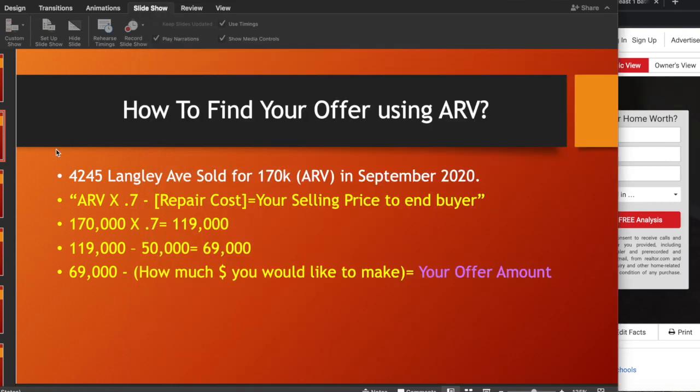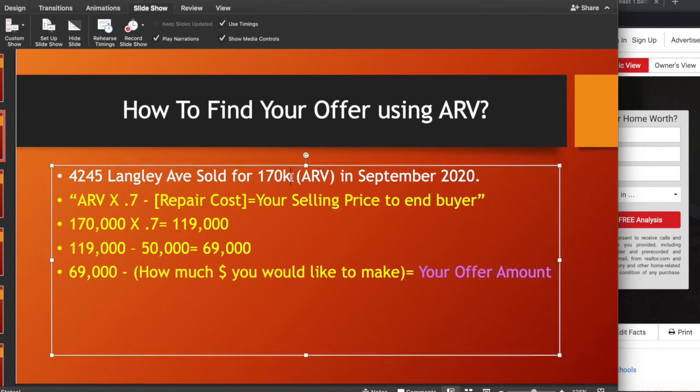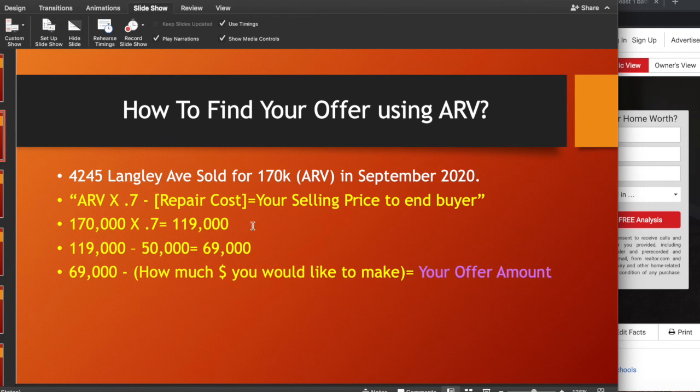So if you were to wholesale this property, how would you find your offer using the ARV? We know the ARV is $170,000. Following our formula, ARV 170,000 times 0.7 equals 119,000.